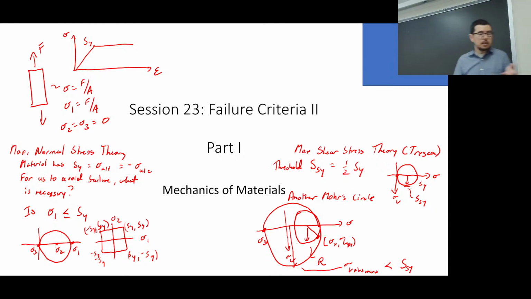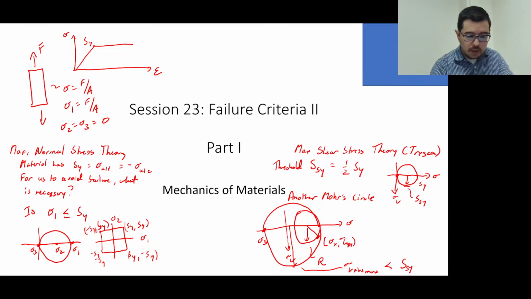So if we look at it on a sigma 1, sigma 2 plot, then what you have is something that looks, and it's not as symmetric as it needs to be, and it's not actually correct.